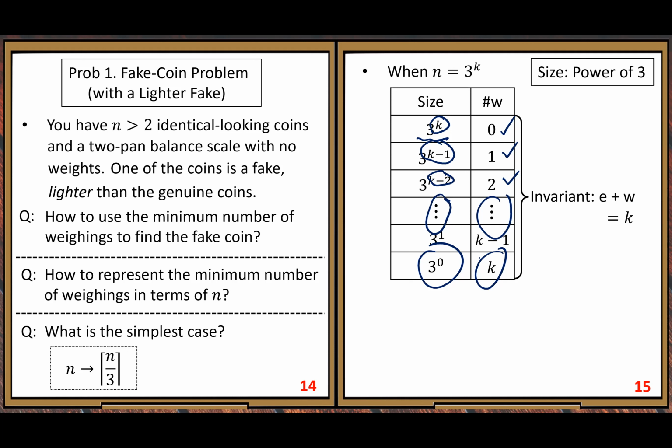The requirement is that we need to represent this K in terms of N, using a logarithm. How to write K in terms of N? Log base 3 of N. That's the final formula.